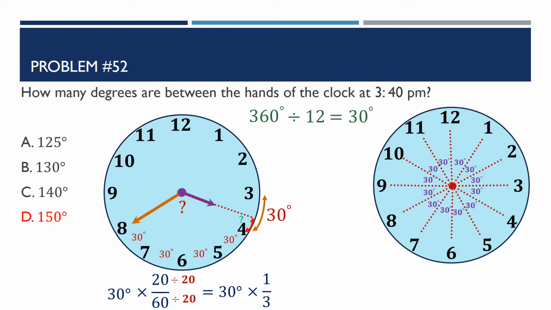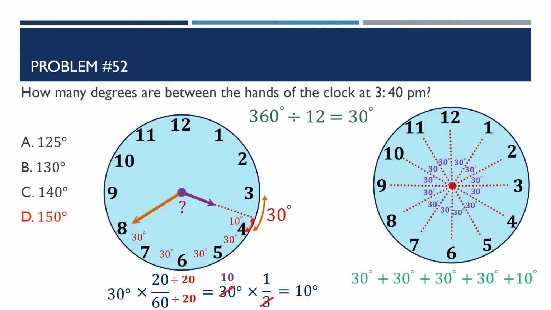And then we can reduce further. 3 and 30 are divisible by 3, so it will be 10. Then we multiply 10 times 1, which is 10. So that means this part is 10 degrees.